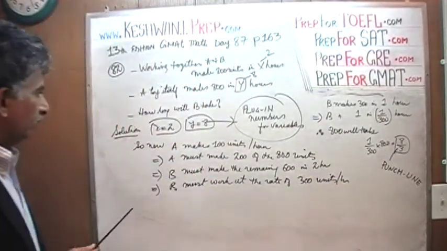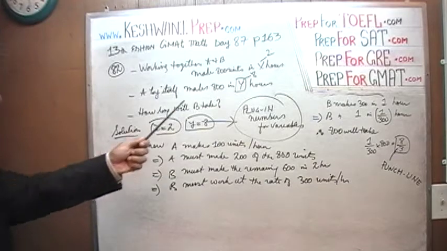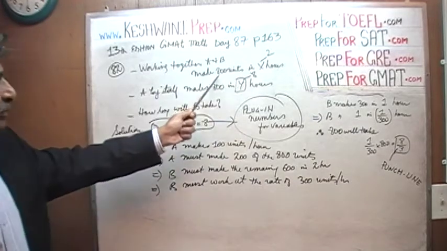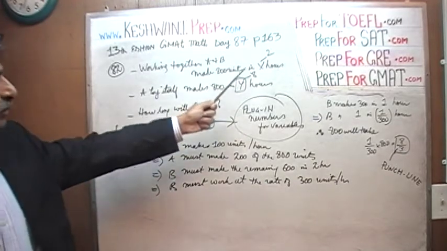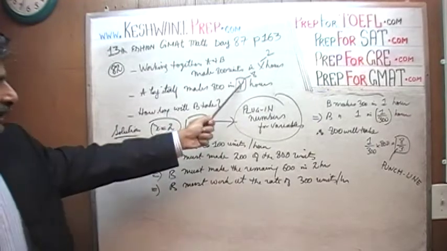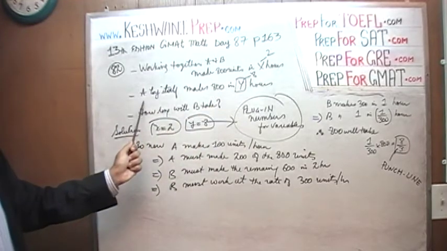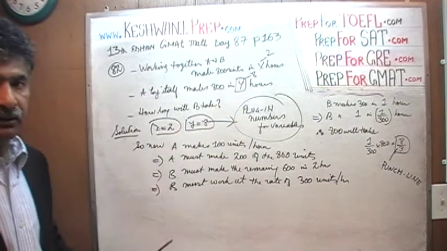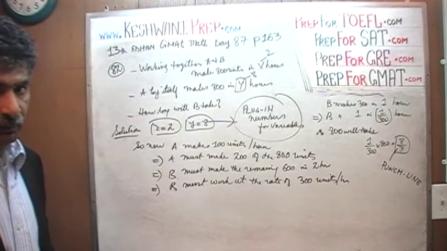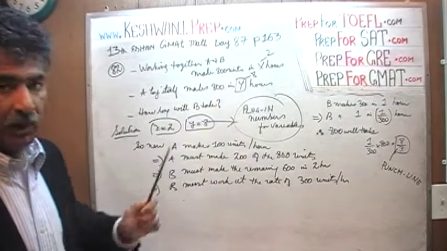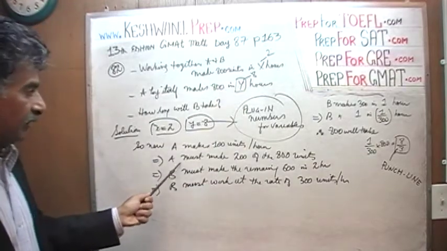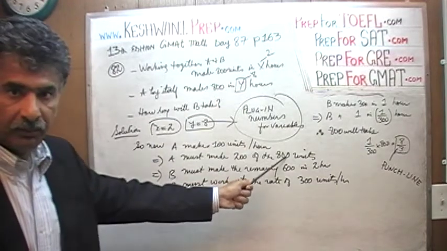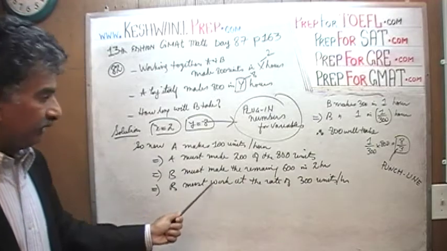Let's do it here. So again, one more time before I erase it. We plugged in 2 for X, which tells us that they're making 800 units in 2 hours. We plugged in 8 for Y, which means that A by itself makes 800 units in 8 hours. Therefore, it must make 100 units in 1 hour. Since they're only working for 2 hours, A must contribute only 200 of the 800 units, which means B has to make the remaining 600.